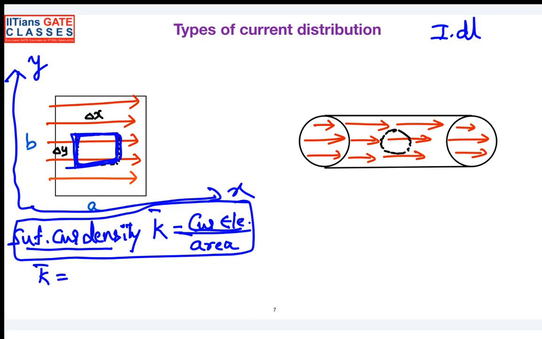Delta X, correct. Because for the current element, this dl should be considered in the same direction as the current. In this example, the current flow is along the X direction.